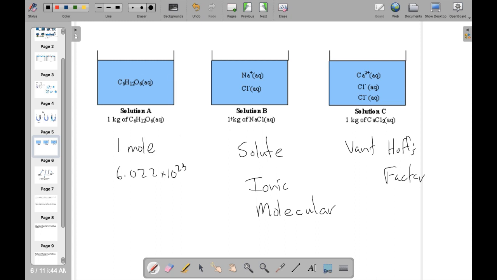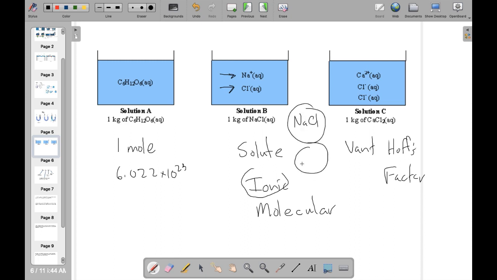Great. Over here I have salt. Salt is an ionic compound. Salt has sodium and chlorine, so it has 2 ions. It has a sodium ion, a cation, and a chloride anion. Remember, when I put this in water, it breaks into its ions. It dissociates. So think about it, we have NaCl.